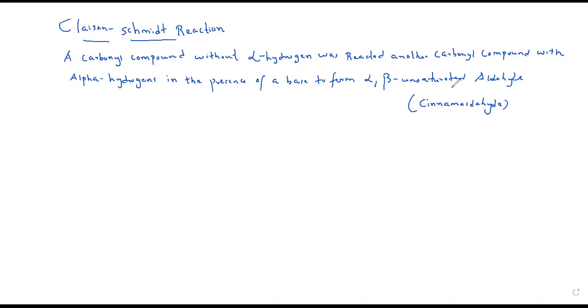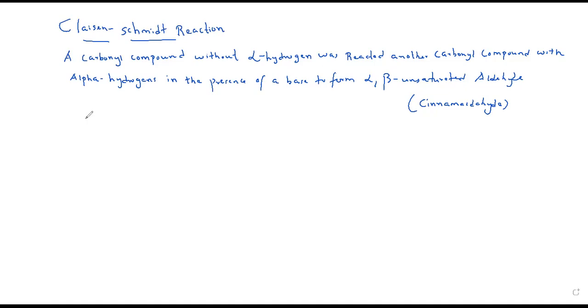One carbonyl compound doesn't have any alpha hydrogen. Another carbonyl compound will have alpha hydrogens. Now these two carbonyl compounds, you are going to react them in a base to form alpha, beta unsaturated aldehyde, which is nothing but your cinnamaldehyde. In this reaction, you can take either an aldehyde or a ketone. If you take a ketone as a starting material, the final product will be a ketone only. You will get alpha, beta unsaturated ketone.